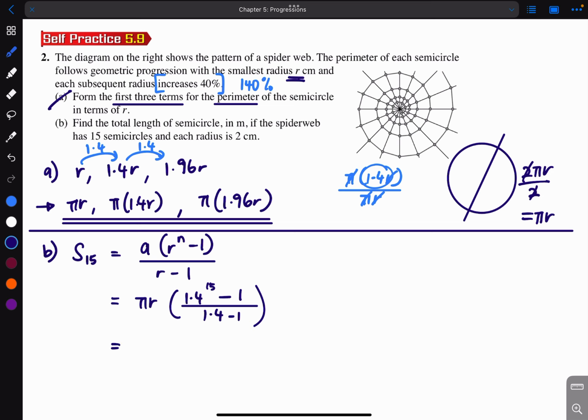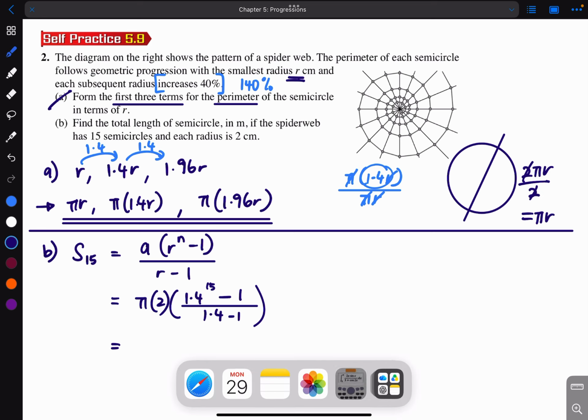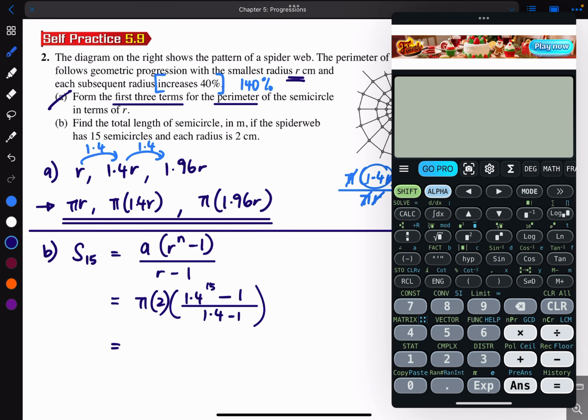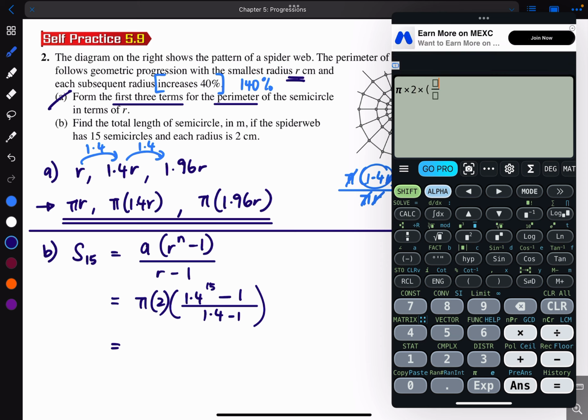Since they said radius is 2 cm, we can sub this 2 into our r here. Then we type the whole thing in our calculator. So pi times 2 times 1.4 power 15 minus 1 over 1.4 minus 1.